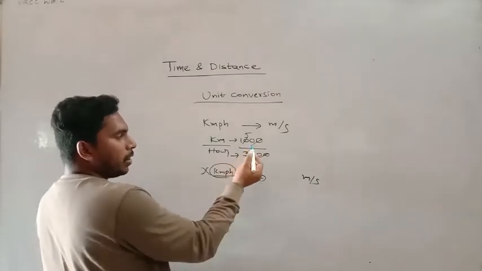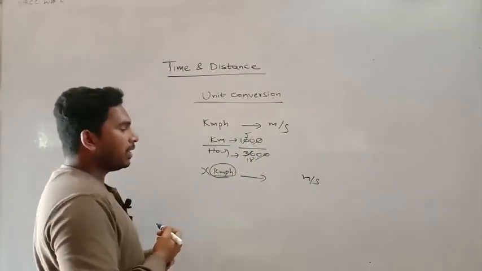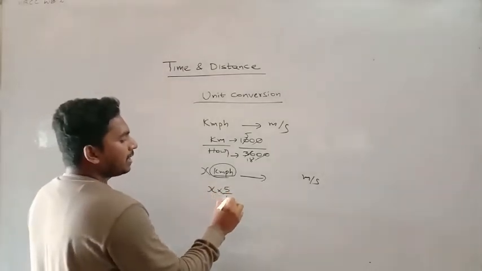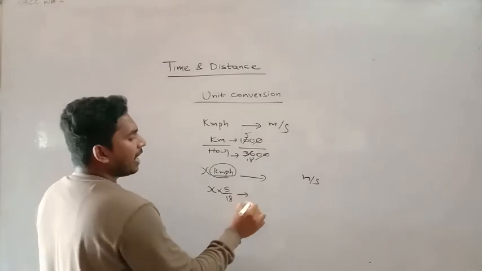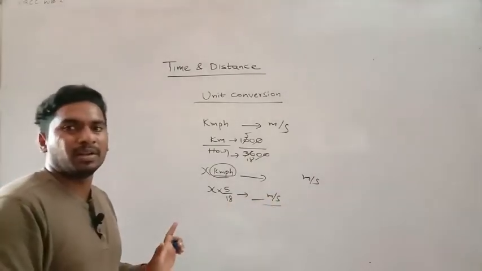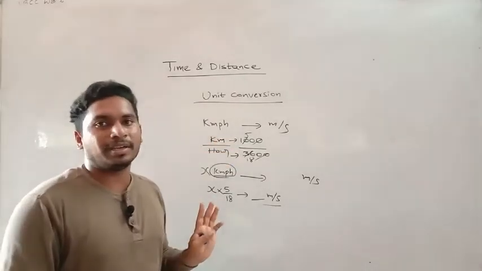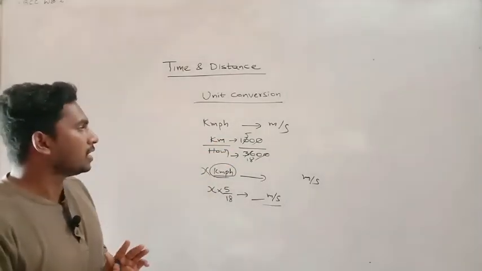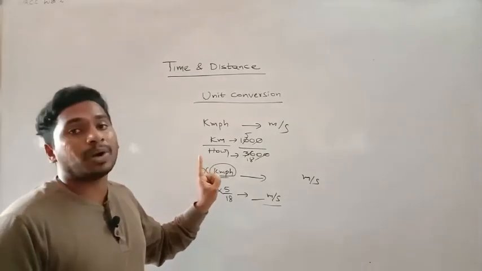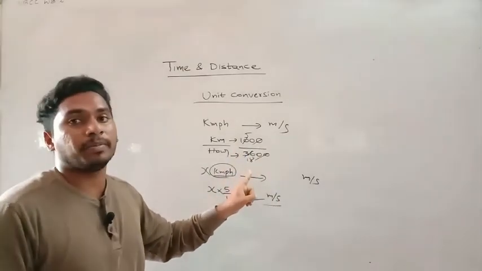That is 1000 by 3600, and if you cancel it, that is 5 by 18. So x into 5 by 18 will give the value in meter per second. This is very simple to remember: to convert kilometer per hour into meter per second, multiply with 5 by 18.